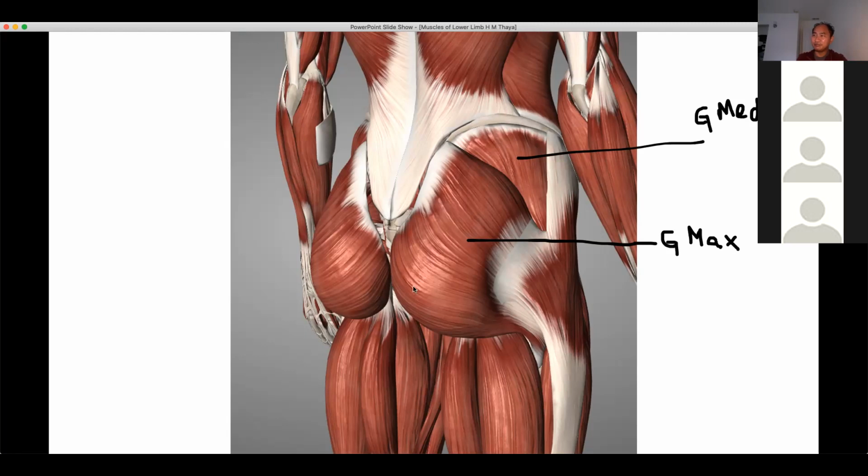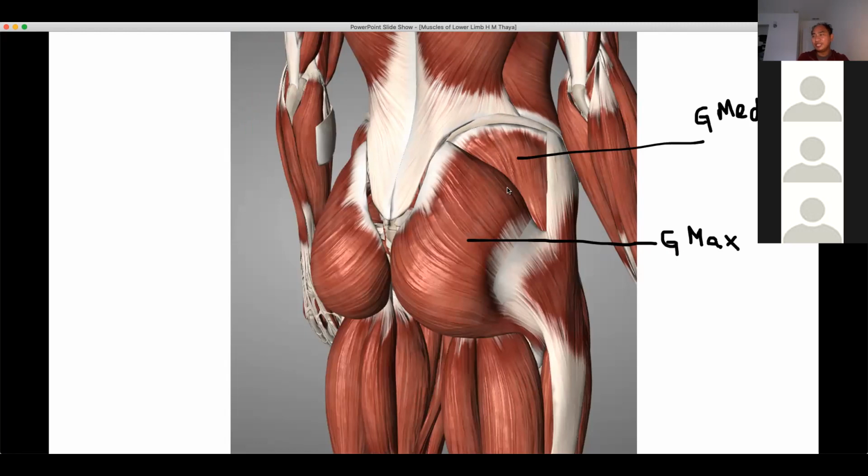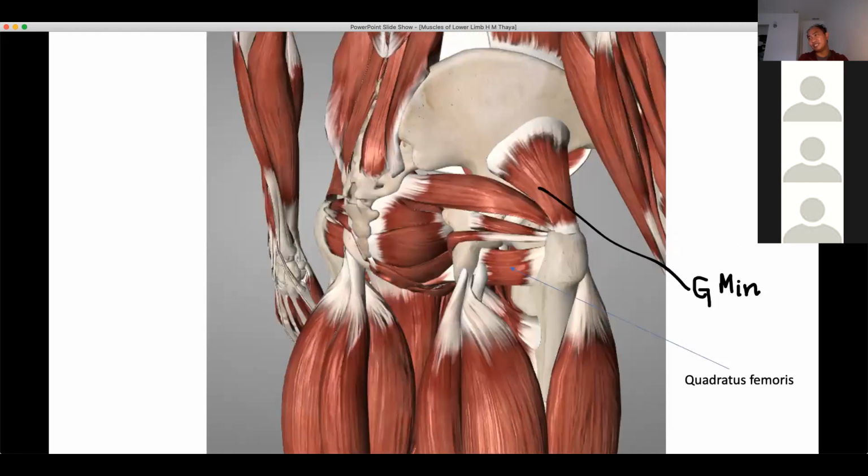Now I'm going to remove the gluteus maximus, and I have the gluteus medius, which is just partly covered by the gluteus maximus. If I remove the gluteus medius muscle, there will be the gluteus minimus muscle here.